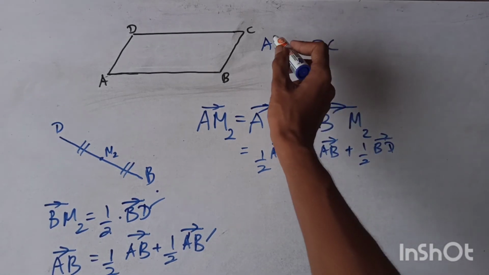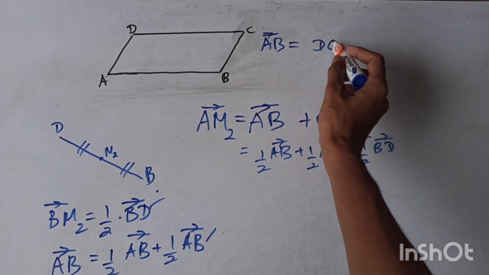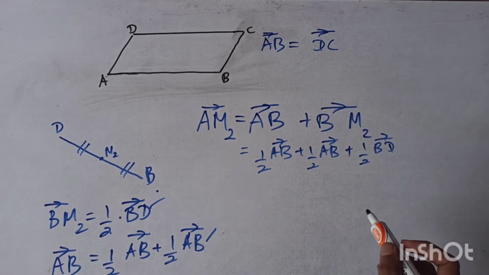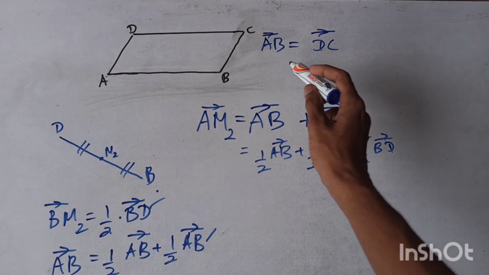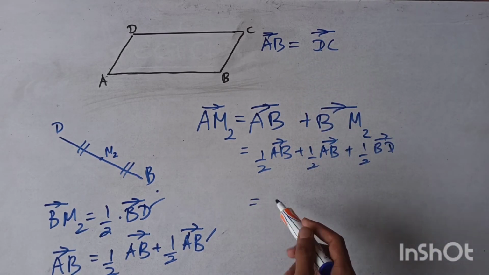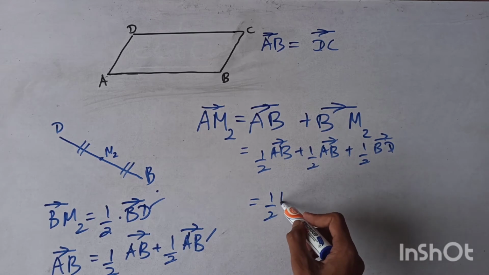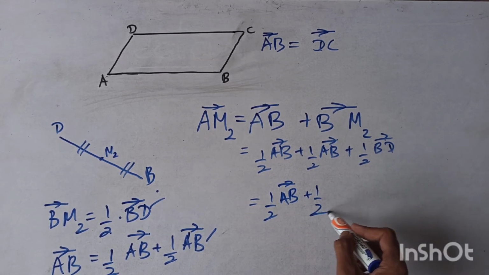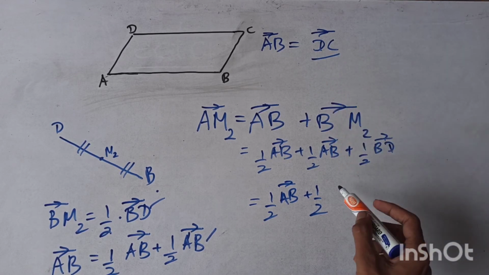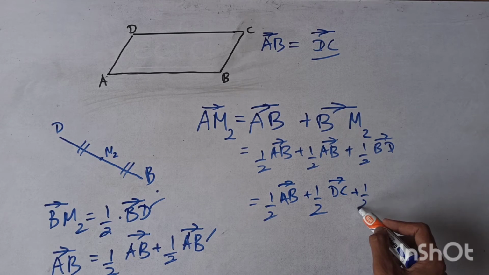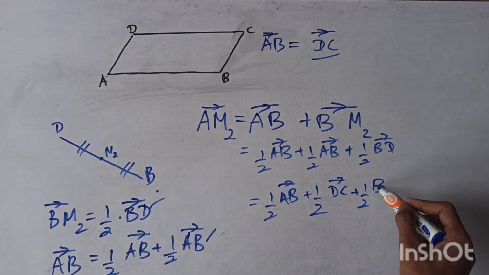So we can write vector AB equals vector DC. We can use this data in this: half times vector AB plus half times vector DC plus half times vector BD.